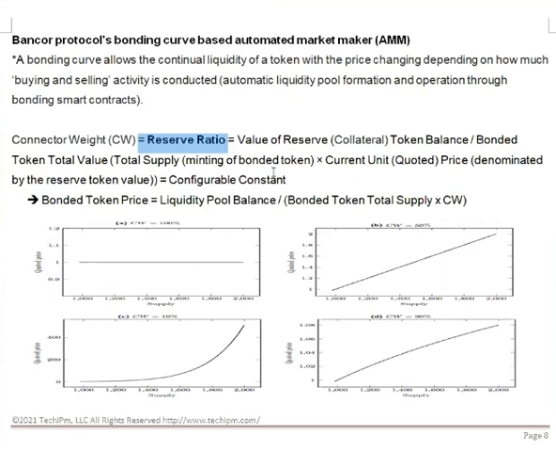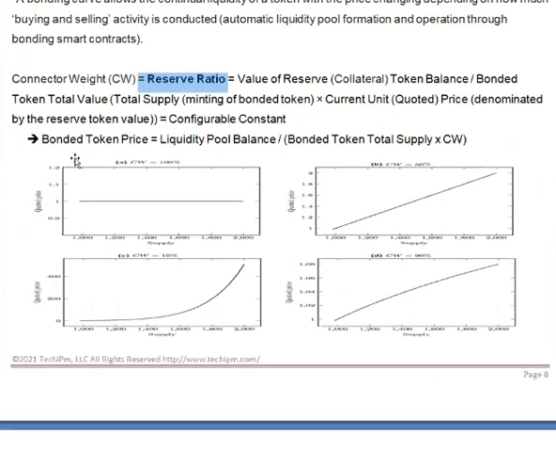This is a configurable constant, meaning there's a constant, but you can change it for your purpose. So the bonded token price can be determined, because this is a preset constant, depending on the liquidity pool balance and the bonded token total supply, that is, how many tokens you supply with respect to how much token you reserve.